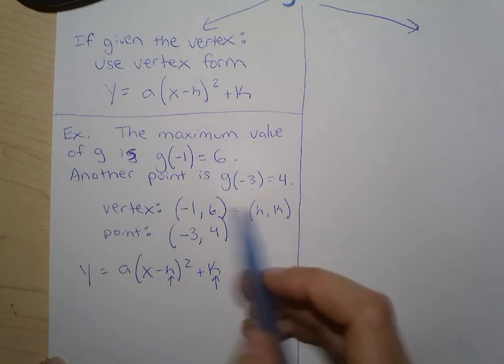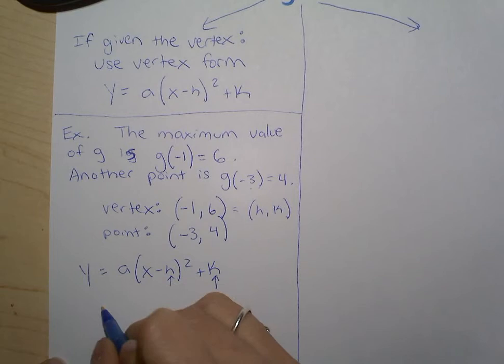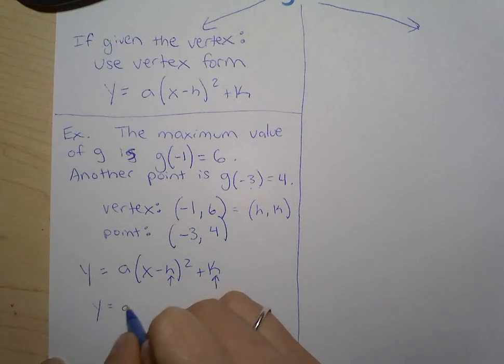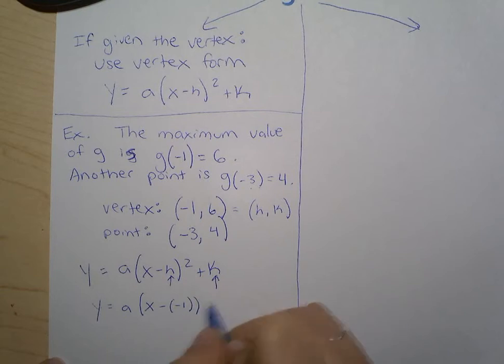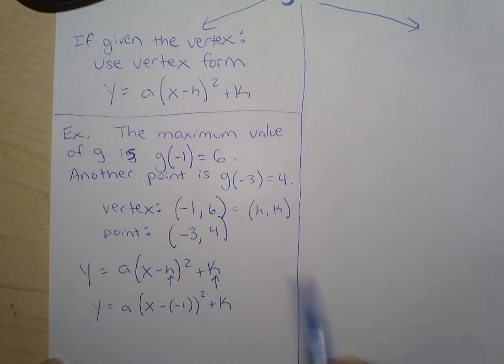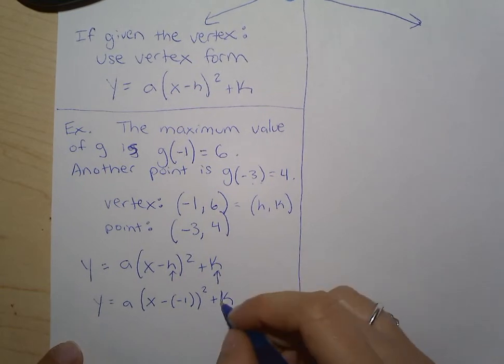My h is -1 and my k is 6. So y is equal to a times x minus a -1 squared plus 6. So I plugged in for my h and I plugged in for my k, plus 6. My bad.